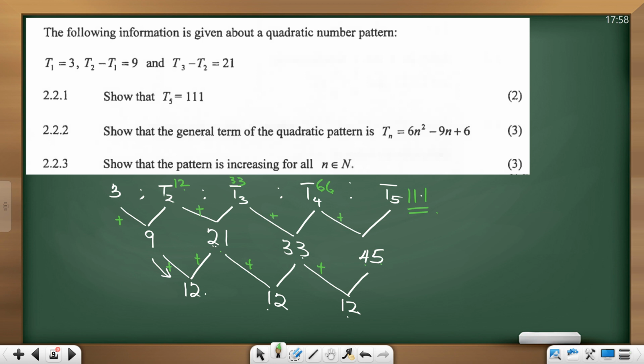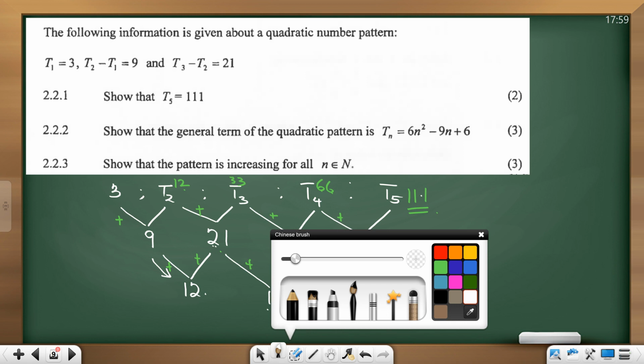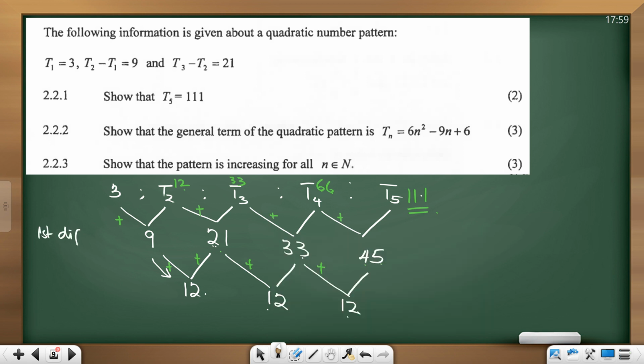Also remember that your first difference is arithmetic, while your second difference is constant. Let me know if this is okay with everybody. Please, I need a response from everyone. So from left to right, you just keep adding across. That's the system.